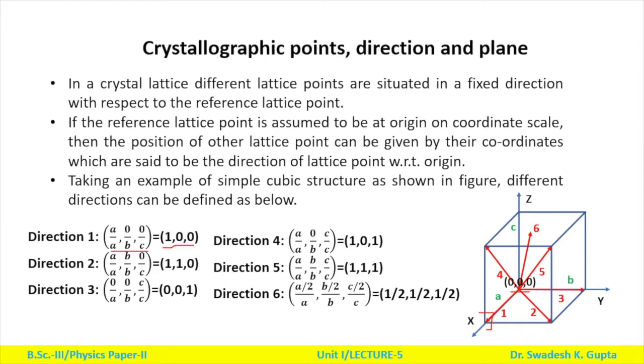Similarly for point 2, the coordinate is a, b and 0, and if we divide it by the lattice constants, then we will get 1, 1, 0. Similarly, coming to point 6, you see it is in the middle of the upper plane, so the coordinate is a by 2, b by 2 and c, and if we divide it by the lattice constants, then we will get the direction of this point.